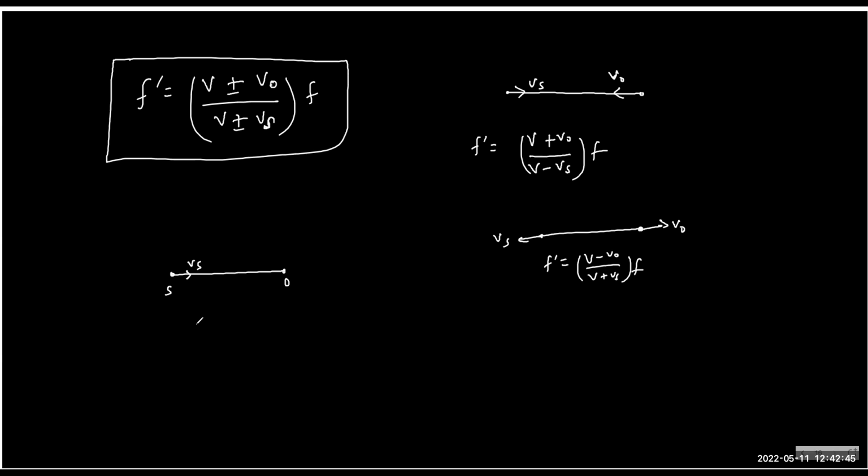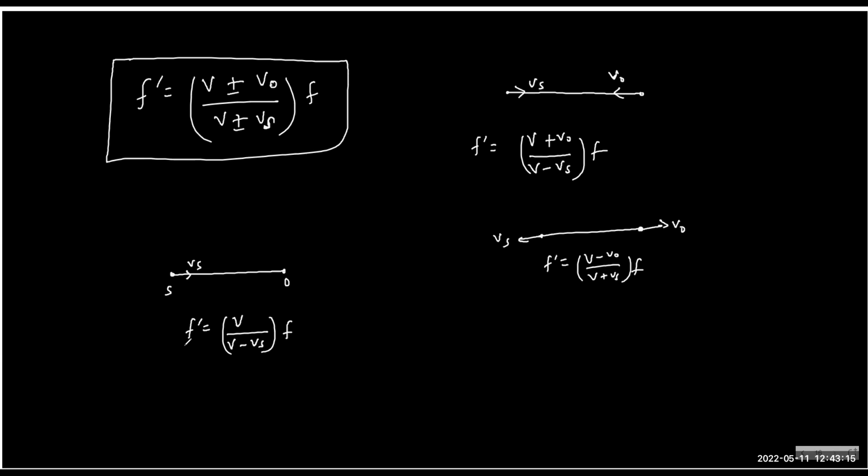Now V O is 0. The numerator becomes only V, and because the source is coming towards O, the apparent frequency should increase. So to increase it, the denominator should have a plus or minus sign? In the denominator, we have two choices, plus or minus.